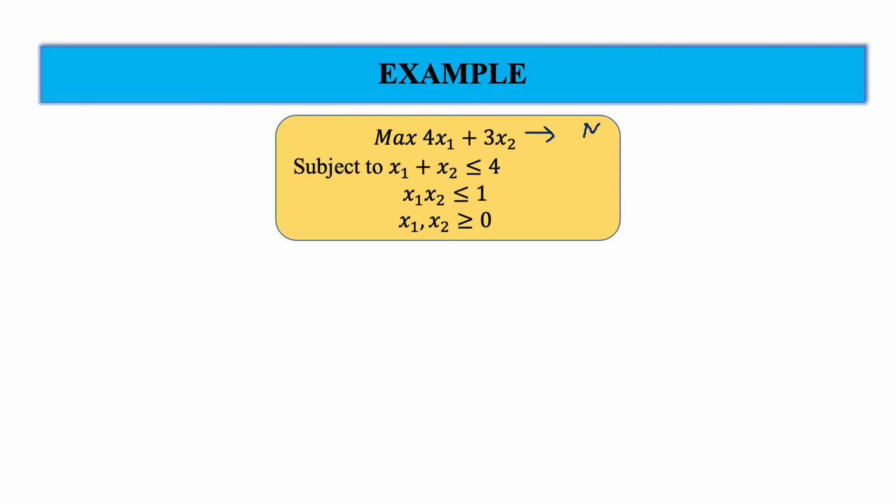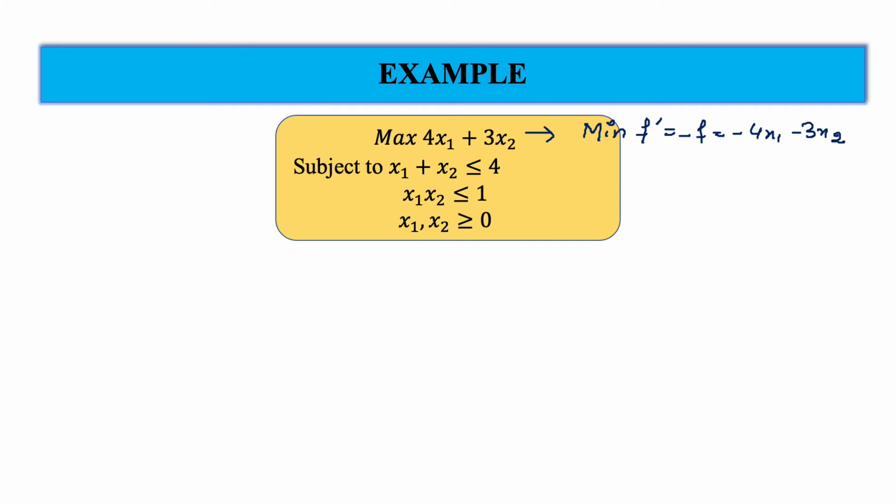In standard form, the minimization of f(x) will be f dash. Any function can be changed into minimization form by multiplying both sides by negative. That is, negative of f, which is minus 4x1 minus 3x2. So this function is recast as a minimization function.